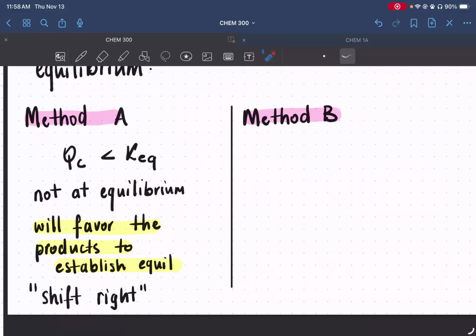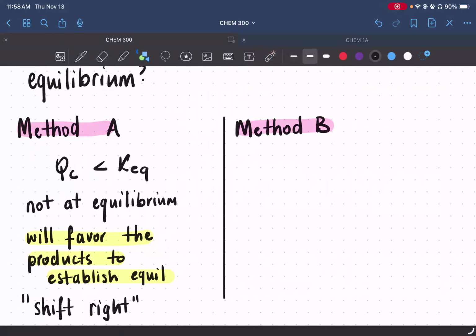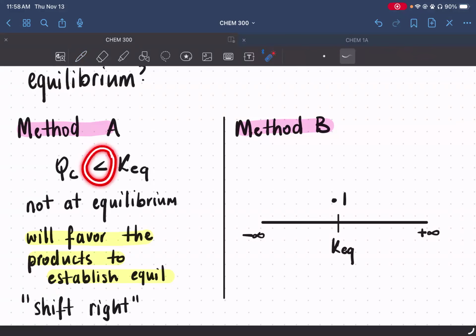The other way you could have deduced this is a visual trick I like, which is you draw a scale from negative infinity to positive infinity. Smack dab in the center, you write your equilibrium constant. In this case, it's 0.1. And to the best of your abilities, put on the scale where your Qc is. Remember, we've already established it's less than. So it's going to be over on this side. It doesn't really matter where you put it. Just arbitrarily put it somewhere.